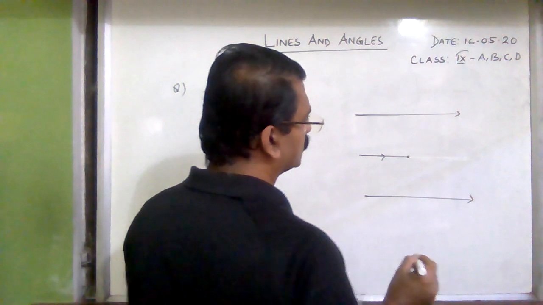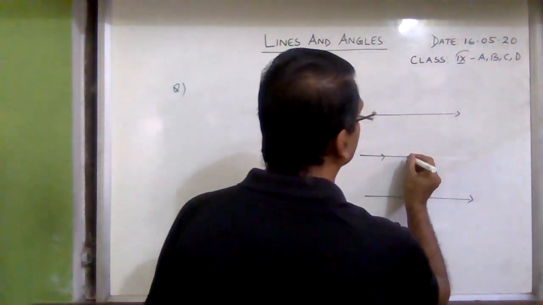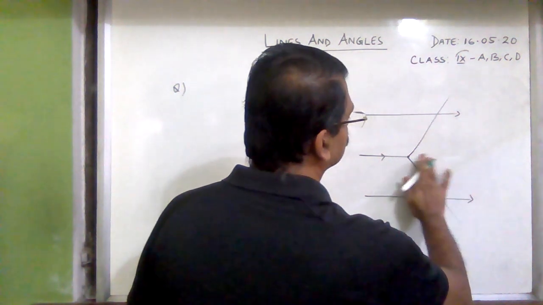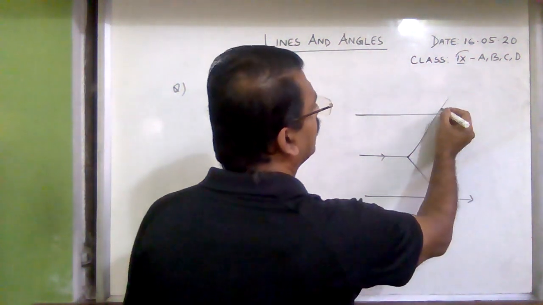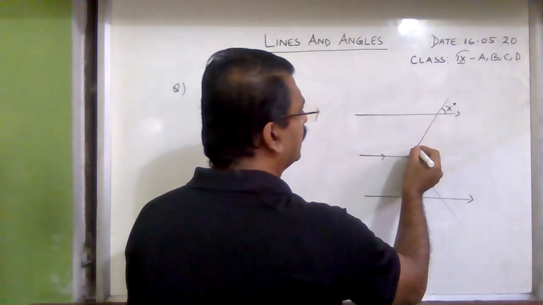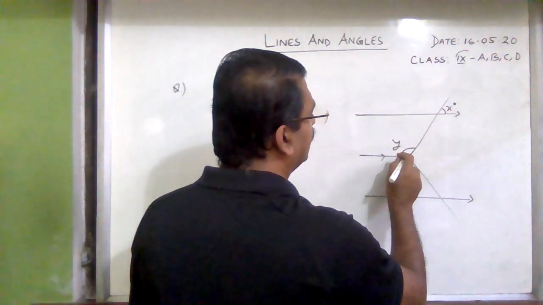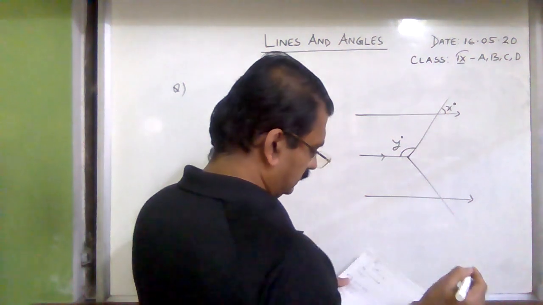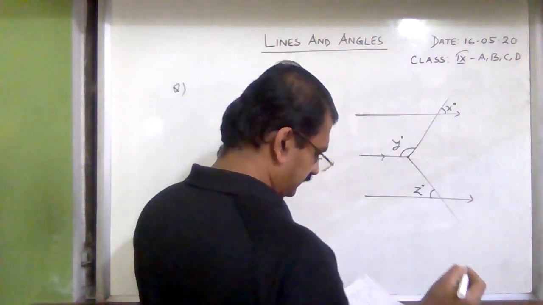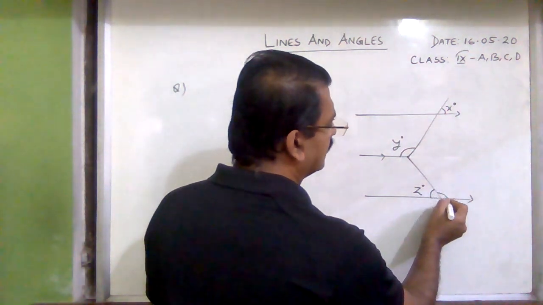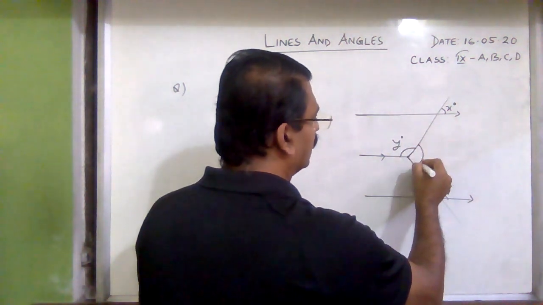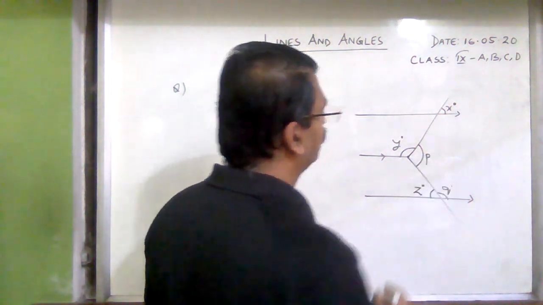This angle is given x degrees, this angle is given y degrees, this angle is given z degrees, this angle is given q, and this whole angle is given p.